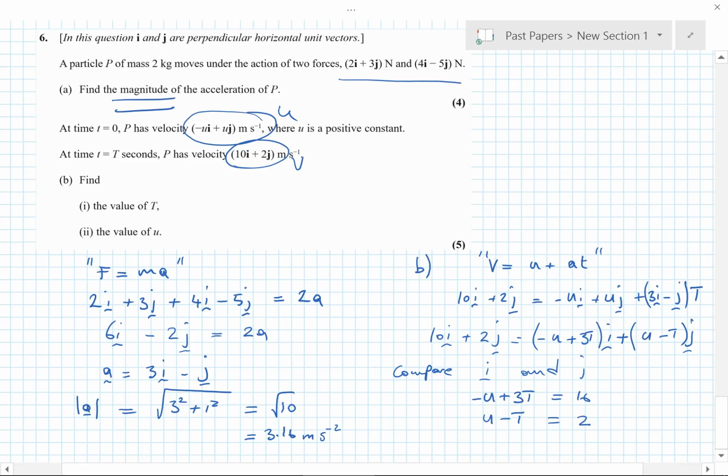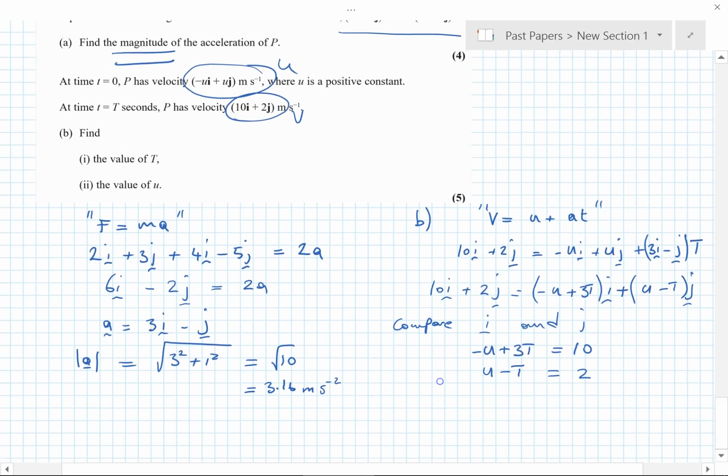So I can add those two together. The U cancels and I get 2T equals 12. That gives me T equals 6. Once I've got T equals 6, that's my answer to part 1. It's easy to put 6 back in here. You get U is equal to 2 plus 6, so that gives us U equals 8.